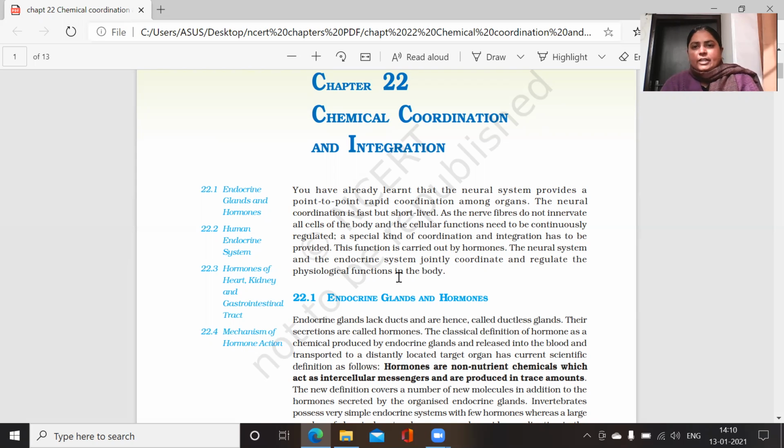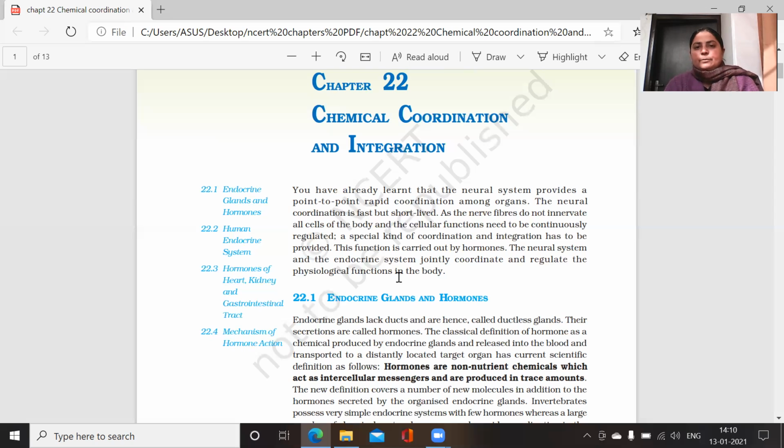So what is given in the introduction is that in humans, there are two well-developed systems that are meant for the transmission of messages from one organ to the other body part. One of those systems, which is very familiar to you, is the neural system or the nervous system.